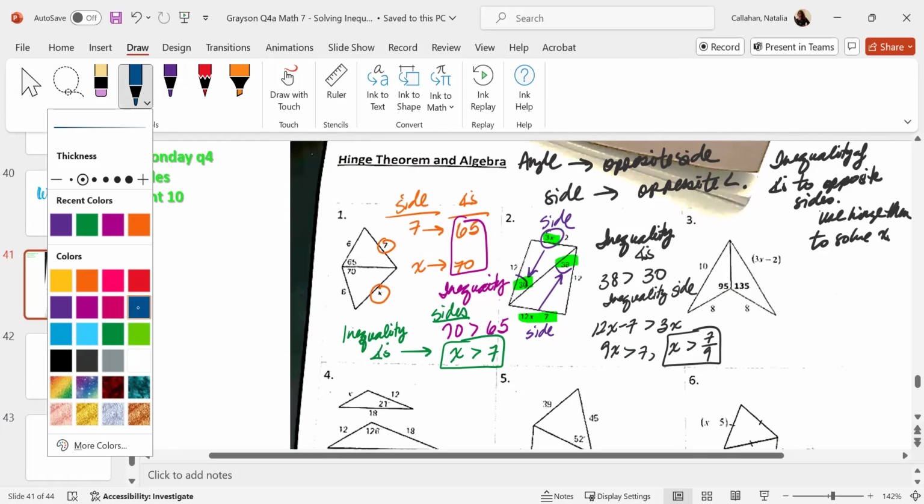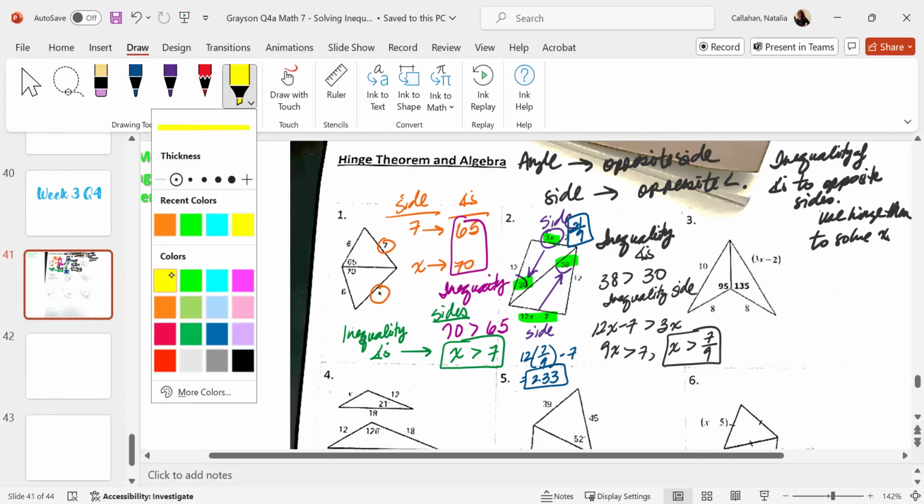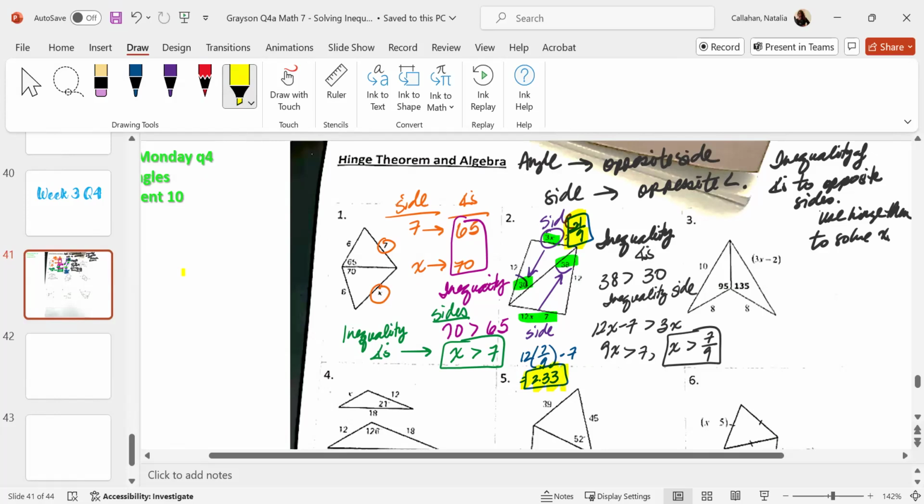Once you have this, you have to plug it into the side. Do you see the two sides right there? I'm going to highlight the answer in yellow so that you have it. Make sure you have the inequality and make sure you plug it in. But that is your answer.